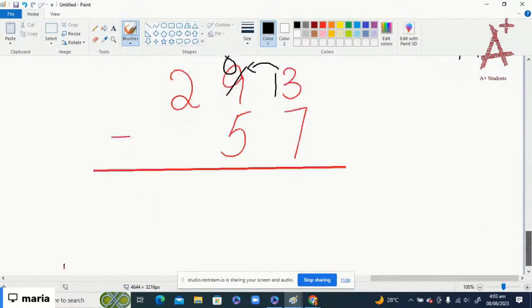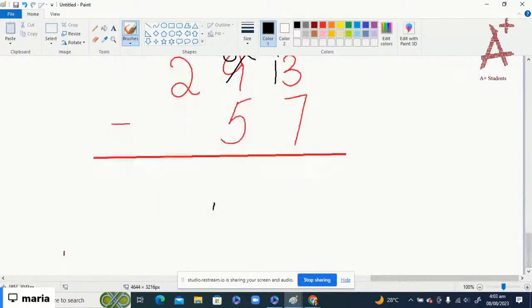Let's draw the 13 lines. Draw 1, 2, 3, 4, 5, 6, 7, 8, 9, 10, 11, 12, and 13. Now subtract 7.